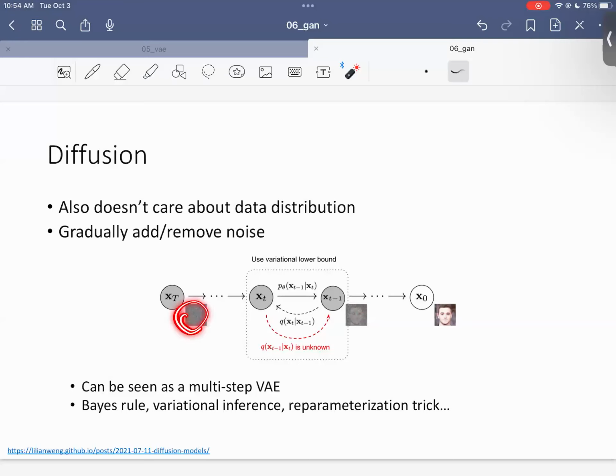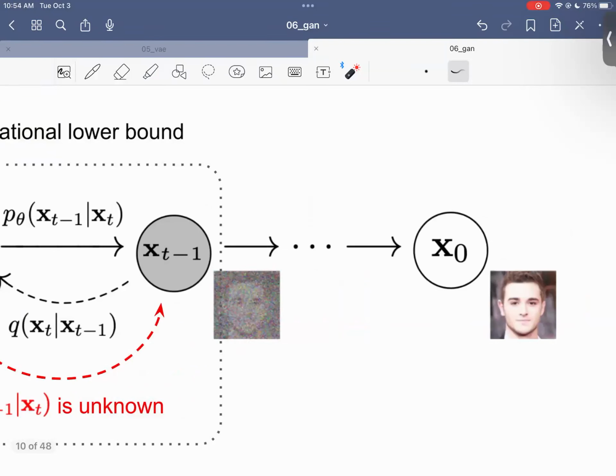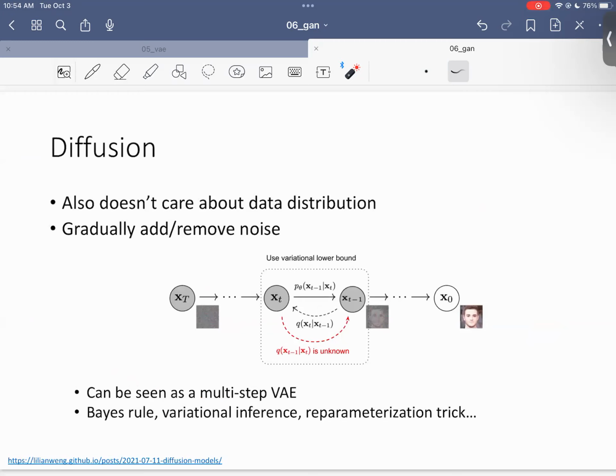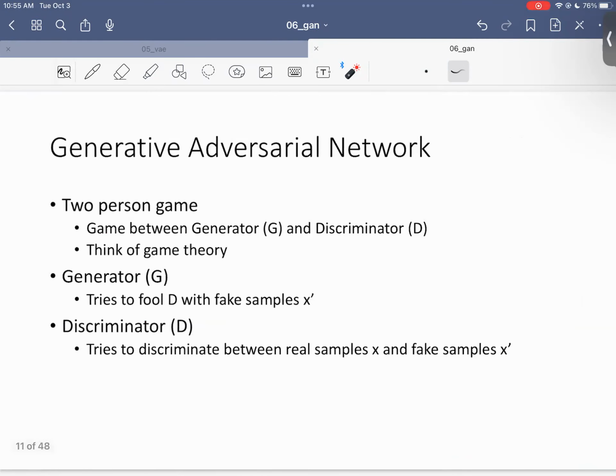We start from complete noise, and then a bit of denoising, another bit of denoising, another bit, all the way, and then you start to see some shape, it's like semantics basically, and then you keep denoising until you get a very, very clean image like this. So there's variational inference involved, Bayes rule, variational inference, and representation. All this is involved. So if you have a good understanding of VAE, understanding diffusion won't be too much of a problem. Anyway, again, this also doesn't really care about the data distribution, and all it does is give us a really high quality image, just like GAN, right? But diffusion later, GAN first.